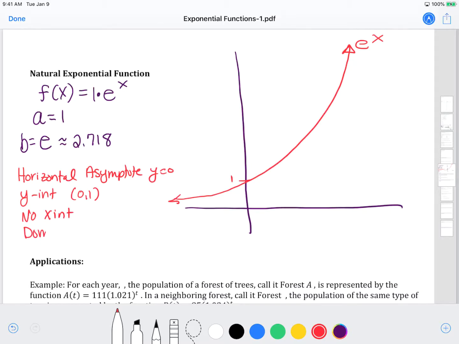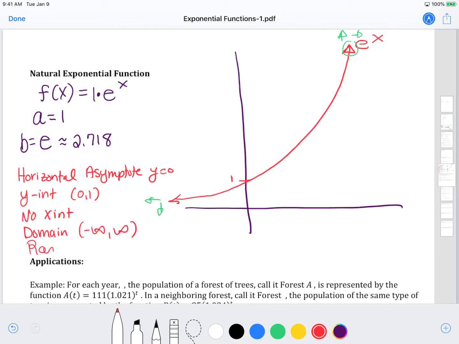My domain is going to be minus infinity to infinity, because if you look at our arrows, this arrow tells me I go down and to the left forever, and this arrow up here tells me I go up and to the right forever. So my domain, my range of x values, is minus infinity to infinity.